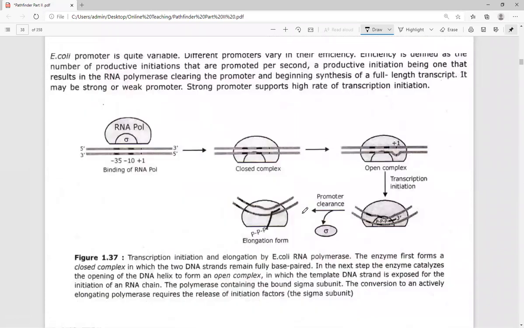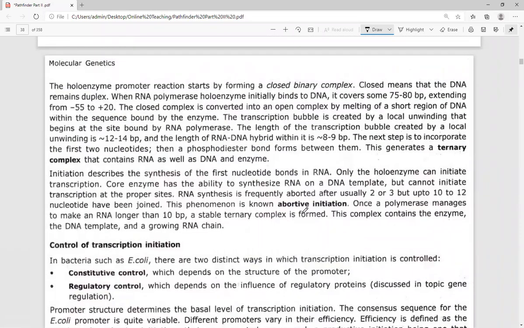At least I must tell you how the initiation takes place, so that we can finish initiation. The holoenzyme-promoter reaction starts by forming a closed binary complex. Closed means that the DNA is not unwound; it remains a double helical DNA molecule. The next step is that the transcription bubble is created by a local unwinding that begins at the site of the RNA polymerase.